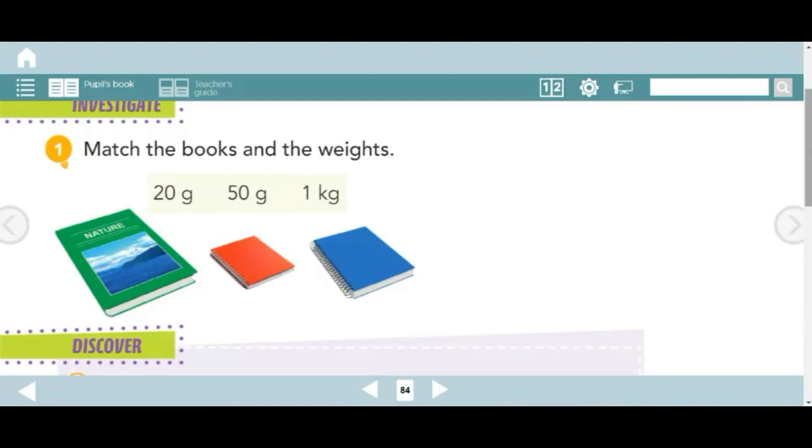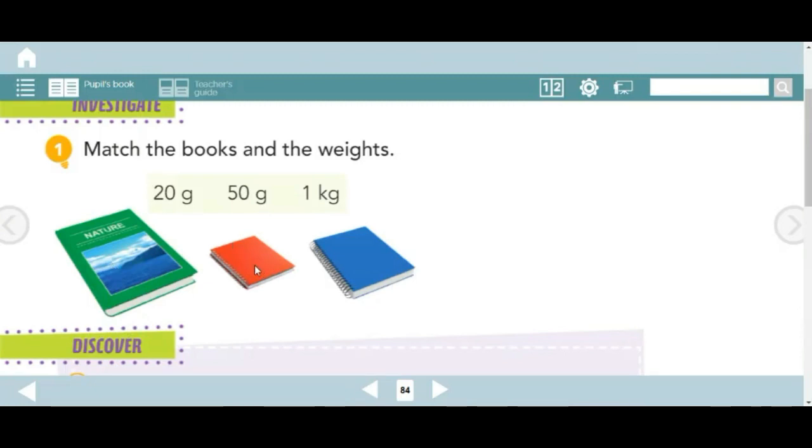Activity number one, they say match the books and the weights. Here we can see one book and two notebooks. One book is about nature, that is green and it is big, I think.